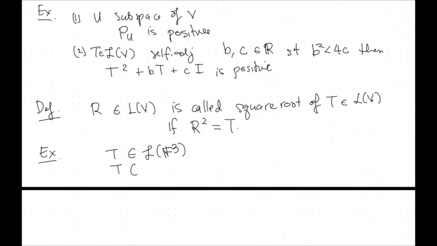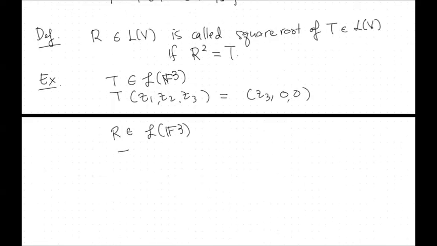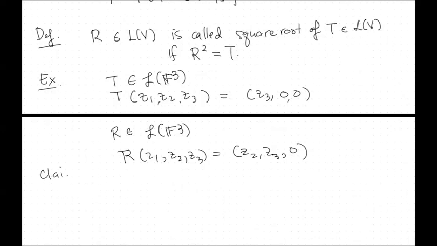Let us also consider R on F3 and define R as follows. R of z1, z2, z3 is just z2, z3, and then the third component will be 0. The claim is R is a square root of T.